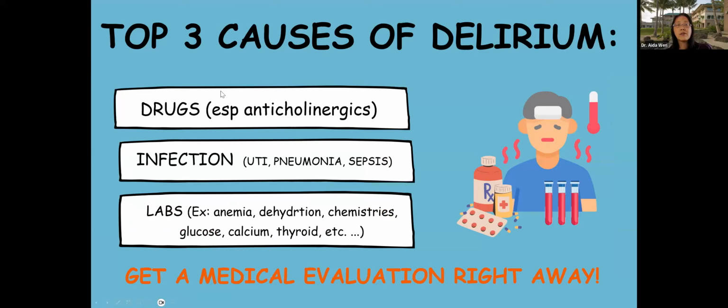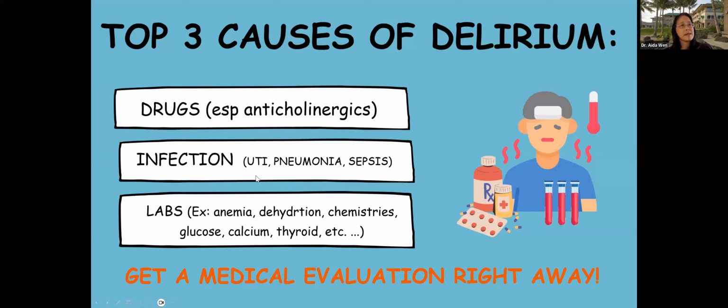So if somebody's just started a new drug, like an antidepressant, or maybe they took an allergy medicine or something over the counter, and you start seeing some changes, it could be precipitated by a drug, because it's a top cause of delirium.